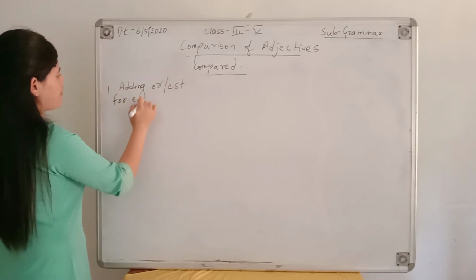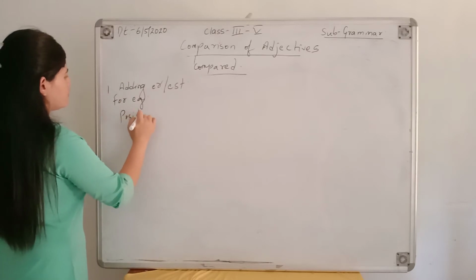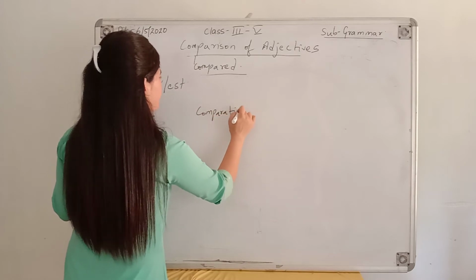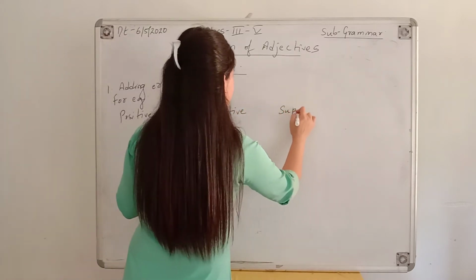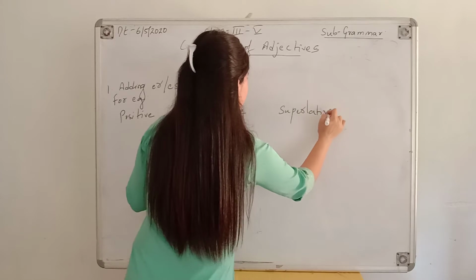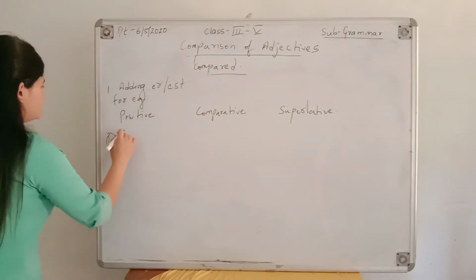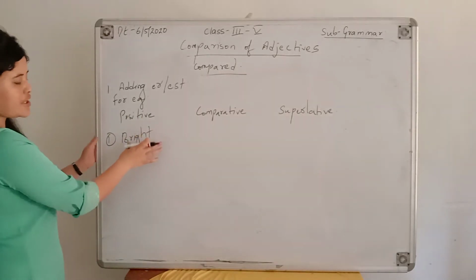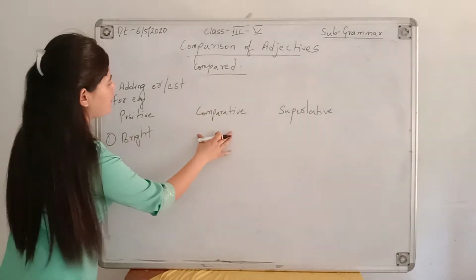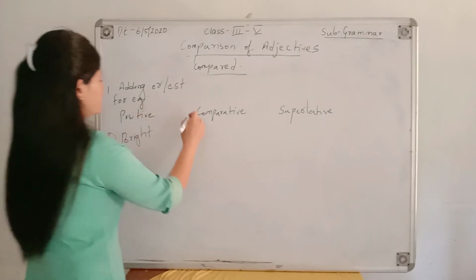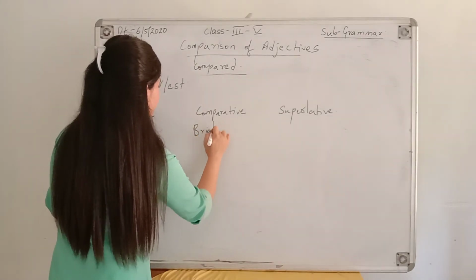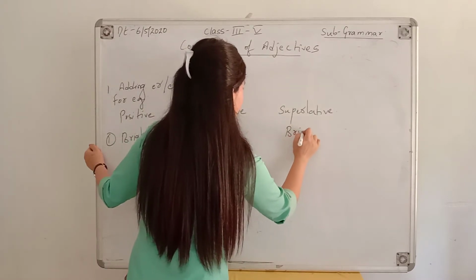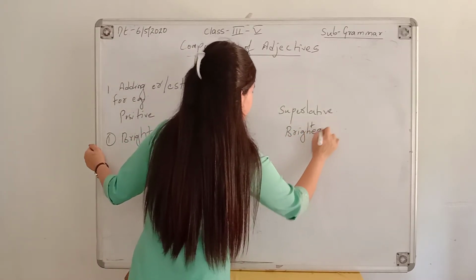For example, positive, comparative and superlative. Number one, bright. When we change bright into comparative and superlative, in comparative we will add er, and in superlative we will add est.